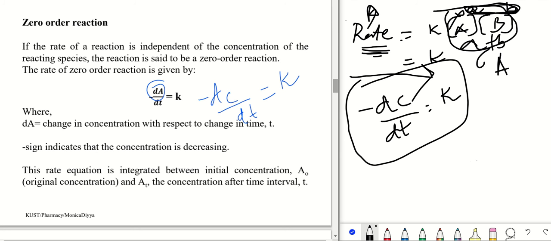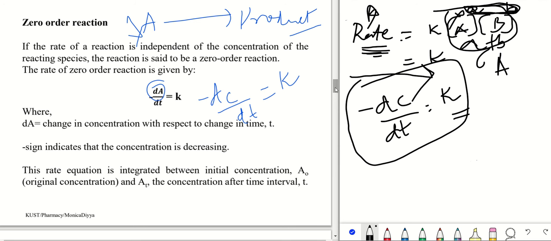The negative sign indicates the concentration term is being decreased, for example A giving rise to products, so it decreases as time passes by. This is how the reaction rate constant for a zero order reaction can be considered.